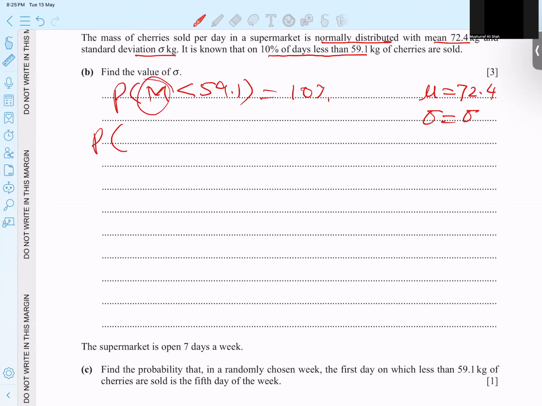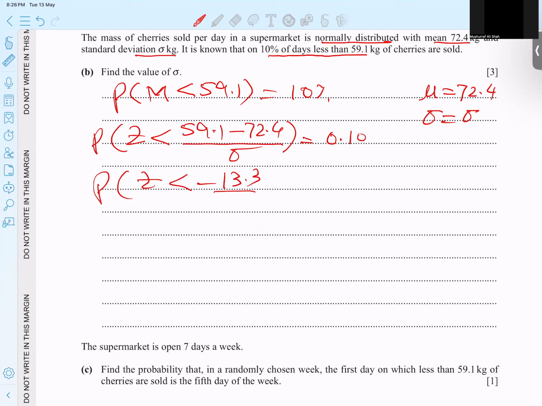This X we will write as Z, immediately 59.1 minus mean by deviation. I hope the concept is very clear. It is equal to 0.10. Let me type in calculator: 59.1 minus 72.4. I'm getting, students, negative 13.3 over sigma equal to 0.1.